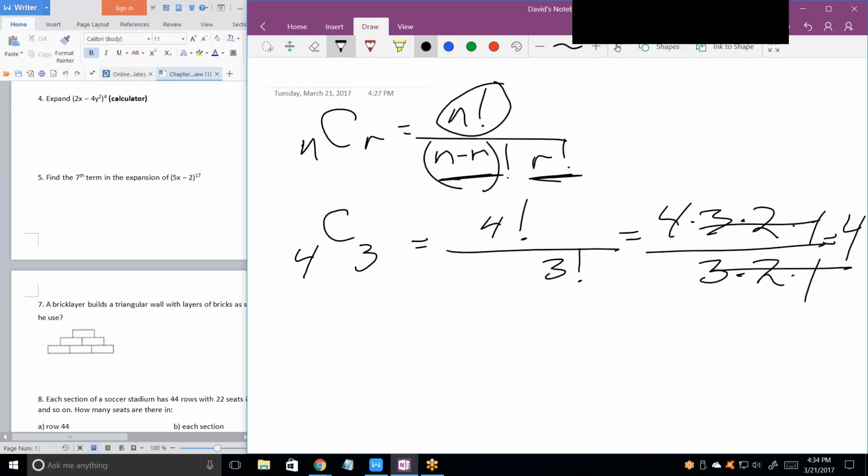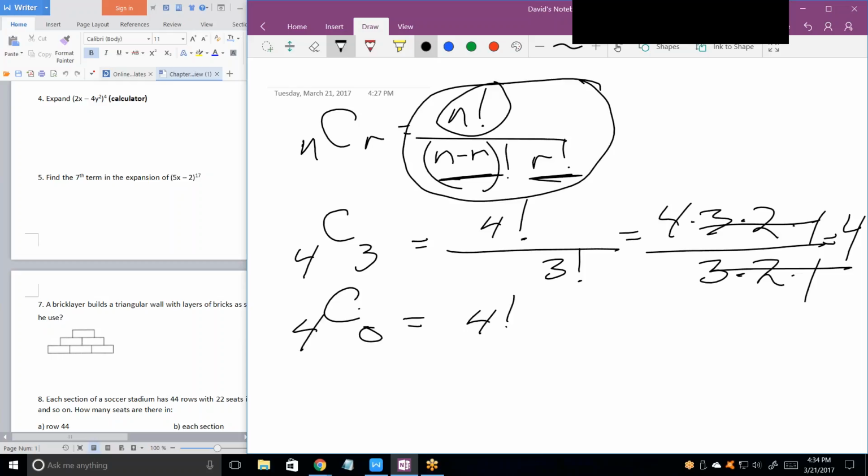Okay. Now tell me what 4 choose 0 is. Do it this way. Don't try to shortcut it. Fill in everything you know. What goes in the numerator? 4 factorial. In the denominator, 4 factorial times 0 factorial.